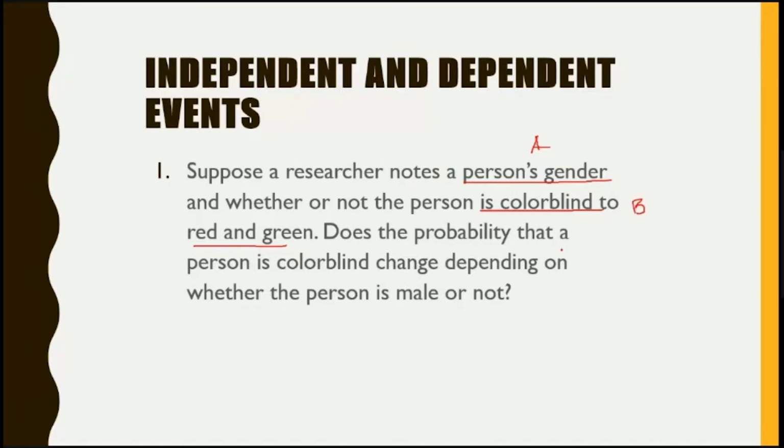Actually, the answer here is that the probability that the person is colorblind is dependent on the gender. That is because, according to studies, only male individuals are colorblind, or have the possibility to be colorblind. Females are not colorblind. In fact, females can identify colors more than males can.